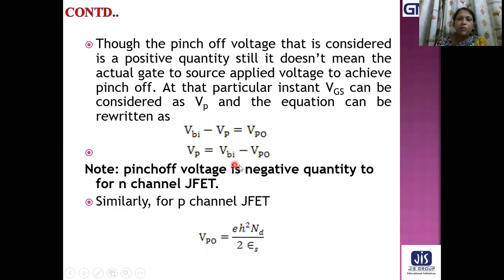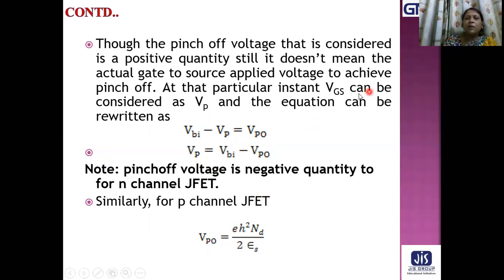So VP equals VBI minus VPO. Here, mind it, VP is nothing but the gate-to-source voltage. So pinch-off voltage is a negative quantity for an N-channel JFET.